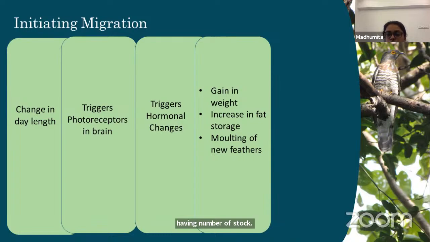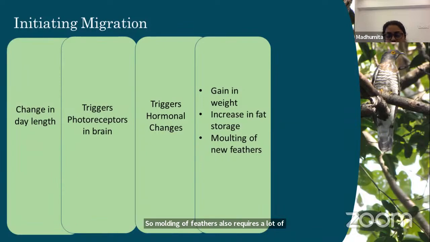Molting of new feathers: birds need very strong feathers naturally to undertake these kinds of migrations. The development of primary feathers in particular is taken into account, apart from other body feathers, because that is how they will go through this extreme flight. Molting of feathers requires a lot of energy investment.